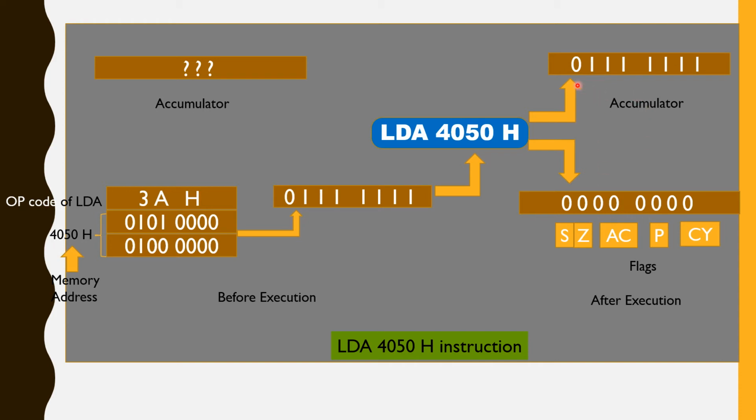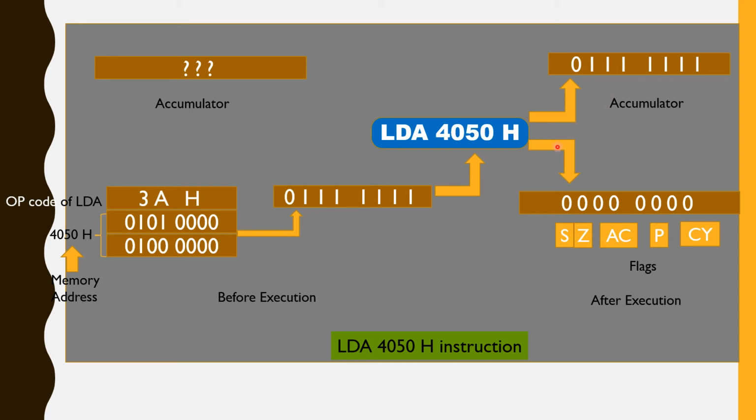Here no extra carry is generated, and because of that the carry flag is 0, that is reset. Next is the parity flag. The total number of ones is 7, which is an odd number, so obviously the parity flag is reset. The next is the auxiliary carry flag.